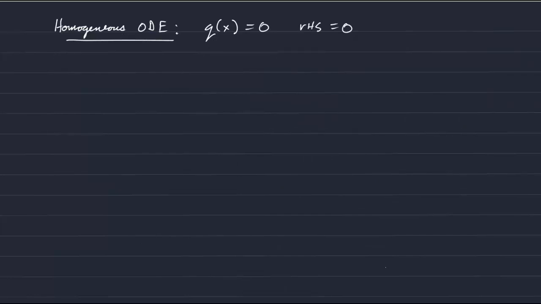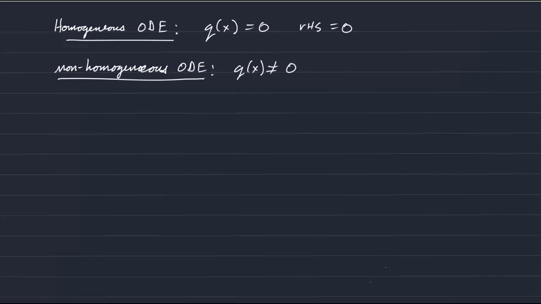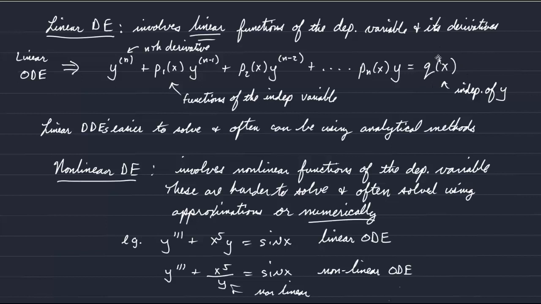And correspondingly, a non-homogeneous ODE means that the part that's independent of y, or the dependent variable, is non-zero. Now the significance of this term is often interpreted or modeled as a forcing function to the solution.